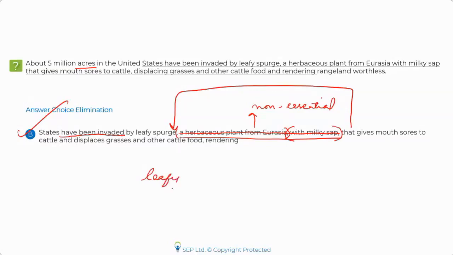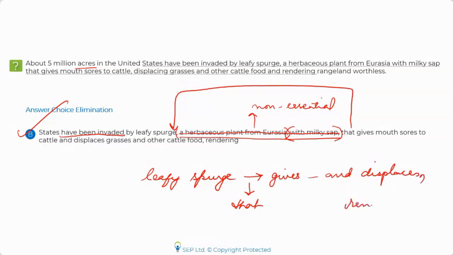We are using the relative pronoun modifier that gives and displaces, comma, rendering. So rendering is modifying displaces. It also makes sense with leafy spurge, and we are good to go.